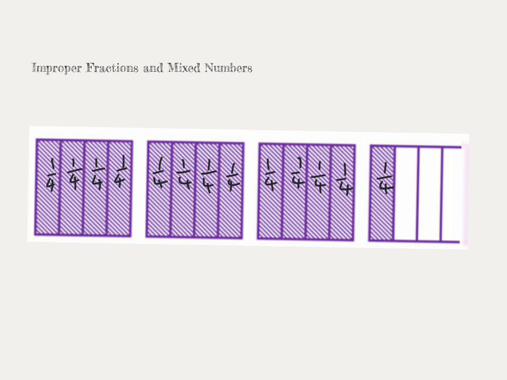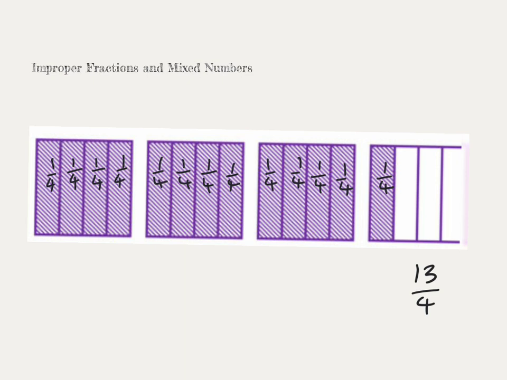Okay, so what do I have here? Well, I can say I have 1, 2, 3, 4, 5, 6, 7, 8, 9, 10, 11, 12, 13 quarters. That's my improper fraction.